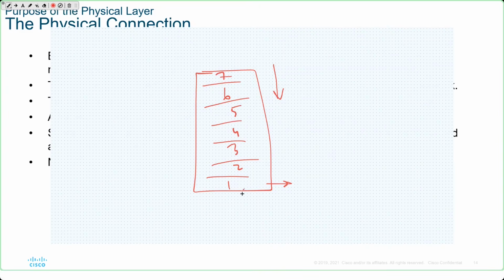So we go through the sequence where the first one is the physical layer, then we have the data link layer, and then the network layer and transport layer. Number 5 is session, 6 is the presentation, and 7 is the application layer.